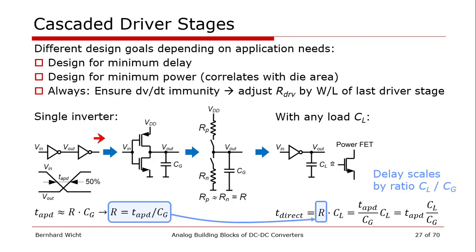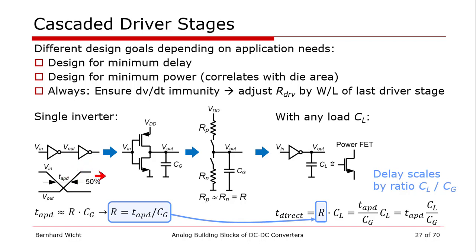So let me quickly summarize the sizing approach in terms of number of stages and scaling factor. This is identical to what was investigated in the 1970s for driving off-chip loads. We start with a simple CMOS inverter, and we have one of these inverters as the load of the inverter itself.